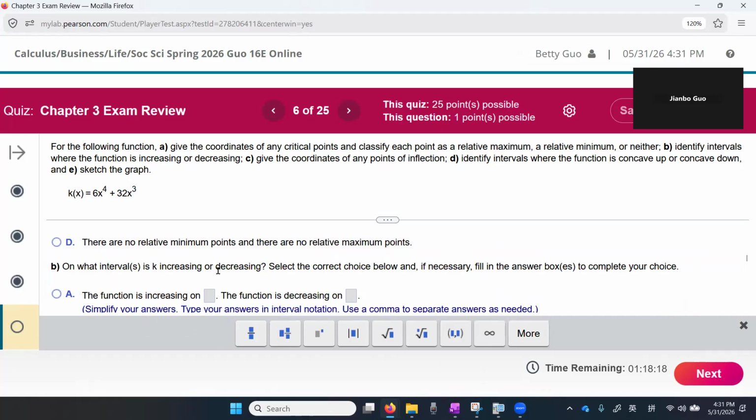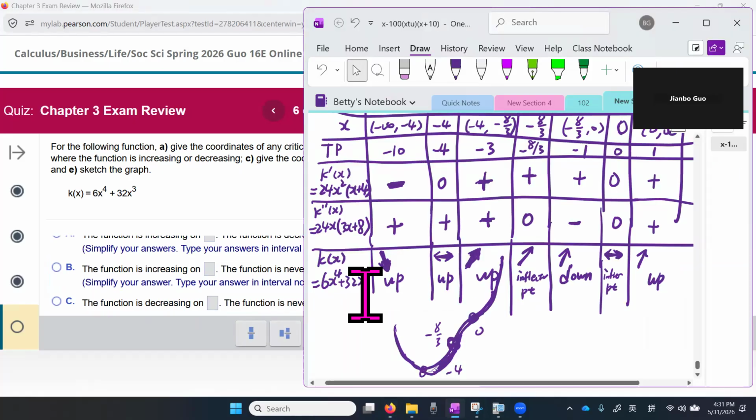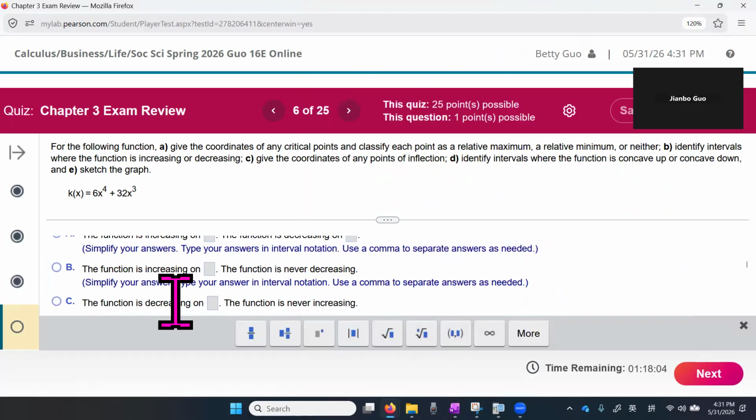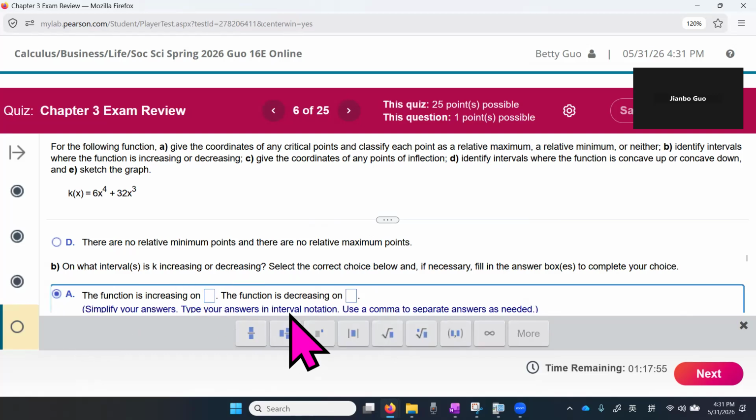On what intervals is the function decreasing? The function is decreasing in the beginning and then increasing after.